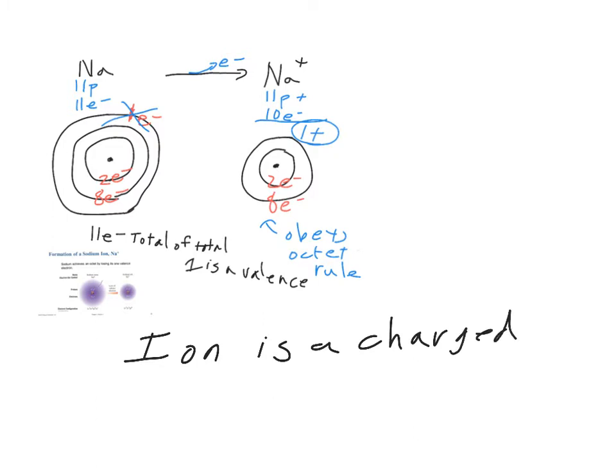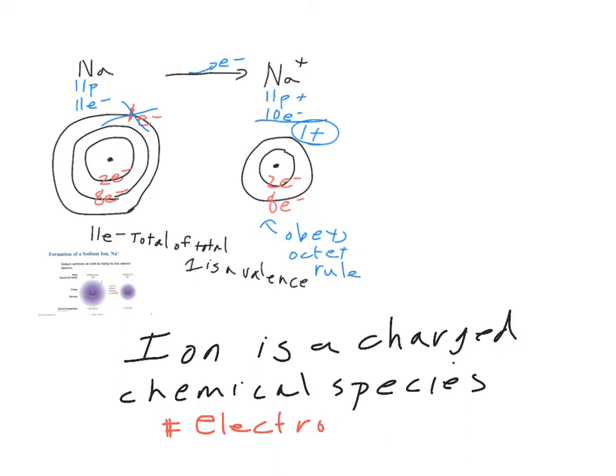An ion is a charged chemical species. The charge always results from the molecule or atom having an unequal number of electrons and protons. So the only way an ion can develop in chemistry is if the number of electrons is not equal to the number of protons.